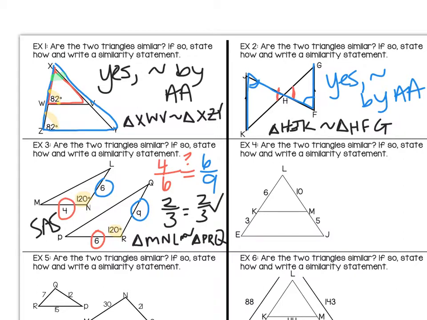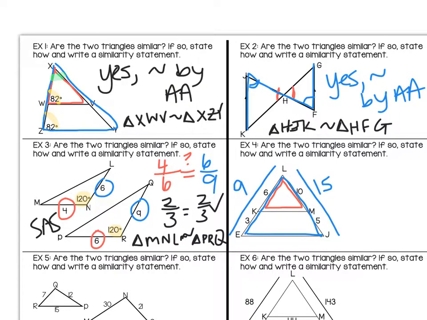The next picture is another one where we have what I call overlapping triangles. We have our little triangle on the inside, and then we have our bigger triangle on the outside. So I'm going to go ahead and find the lengths for the bigger triangle. That is 9 by doing 6 plus 3, and then 15.